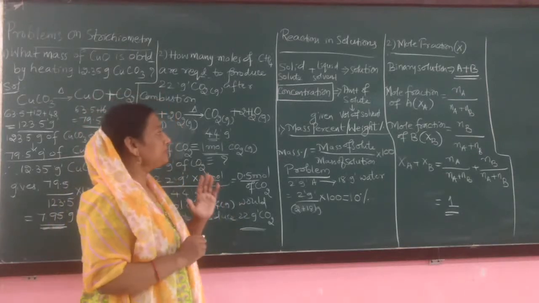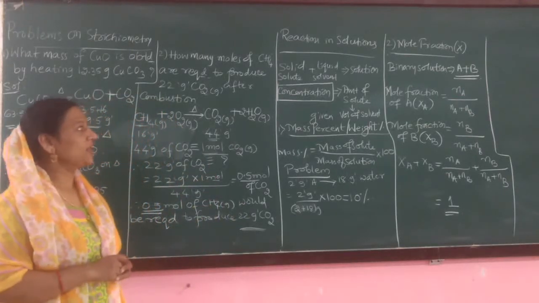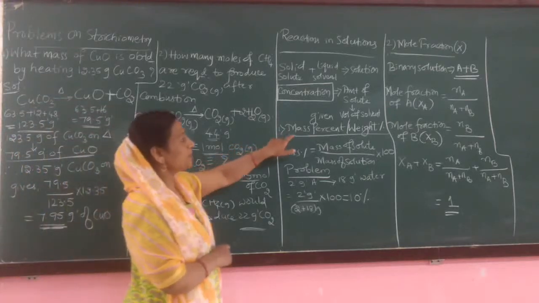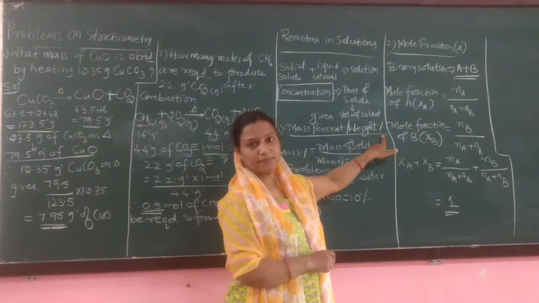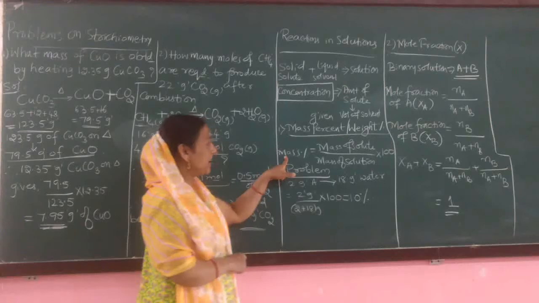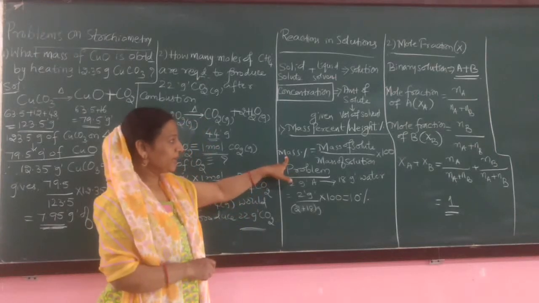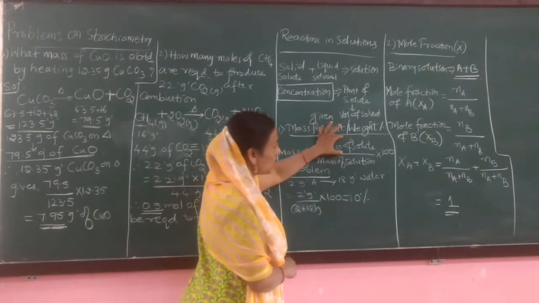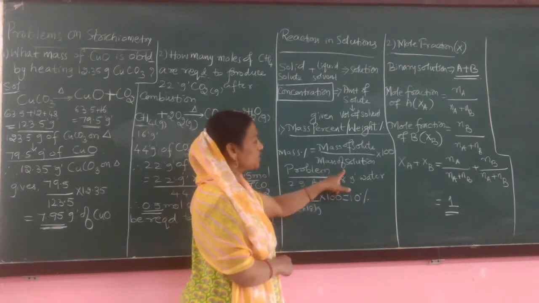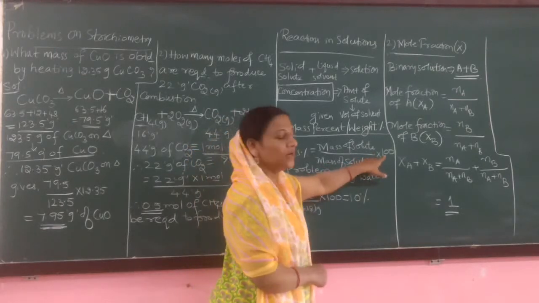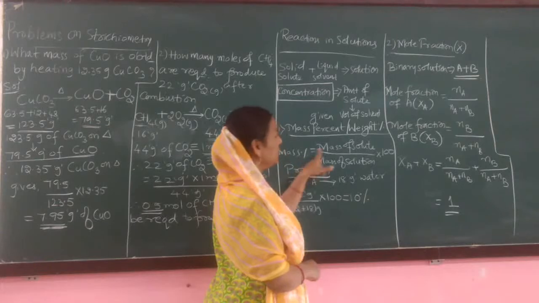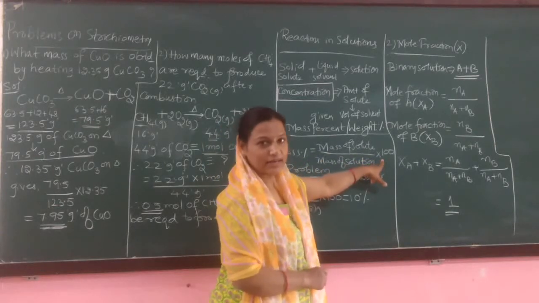Now coming to the first way of expressing the concentration, that is mass percent or weight percent. We define mass percent as the ratio of mass of solute to the mass of solution into 100. Percent word indicates it is always for 100.